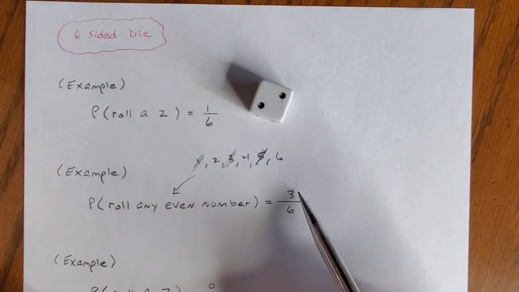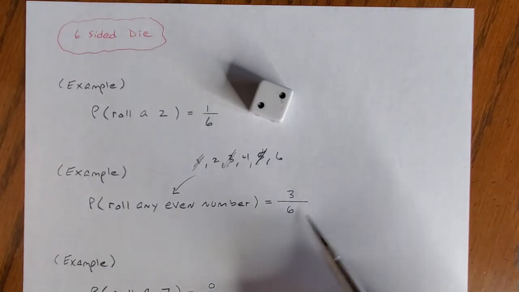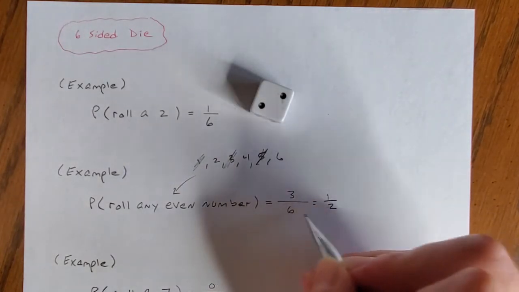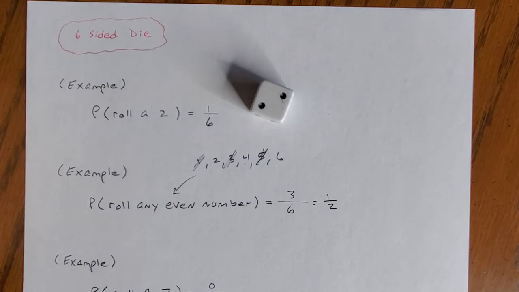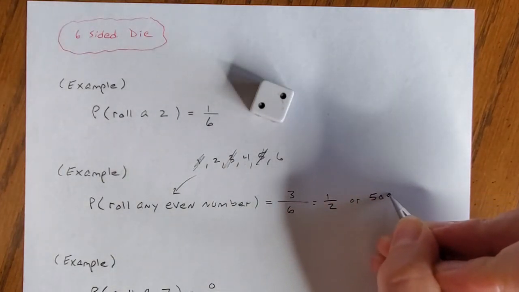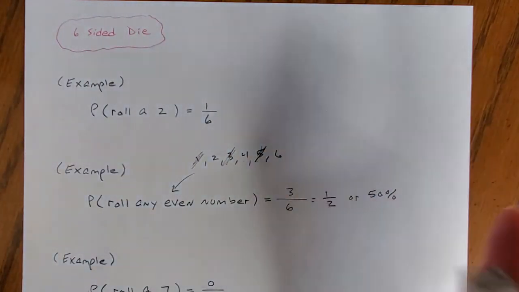So there's 3 ways I can roll an even number, but again, there's 6 total outcomes. So I've got a 3 out of 6 chance, or 1 out of 2 if I reduce that, or a 50% chance of rolling an even number.